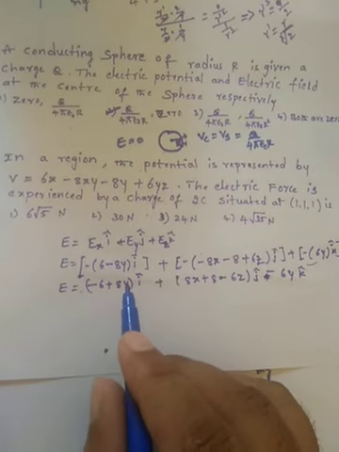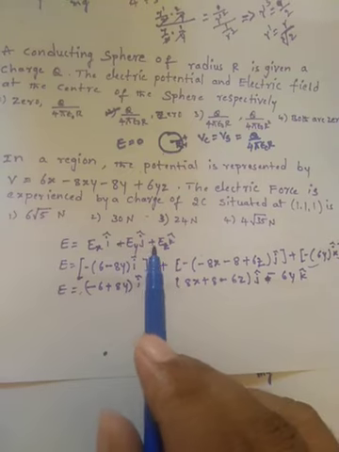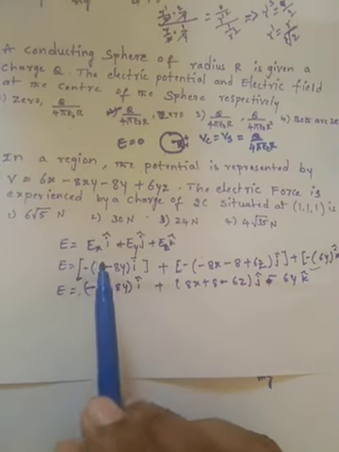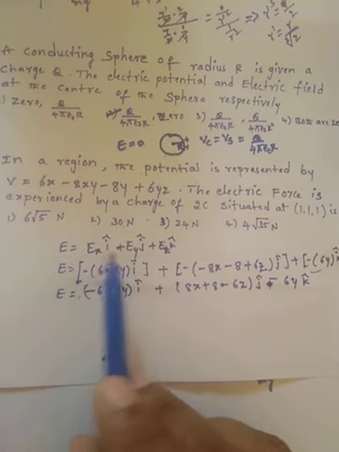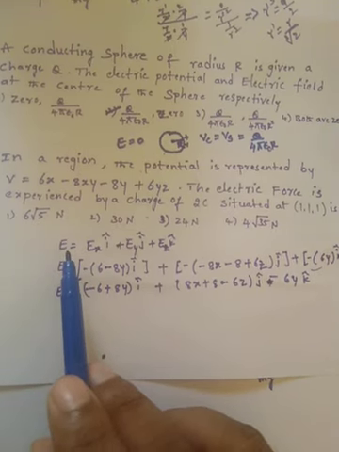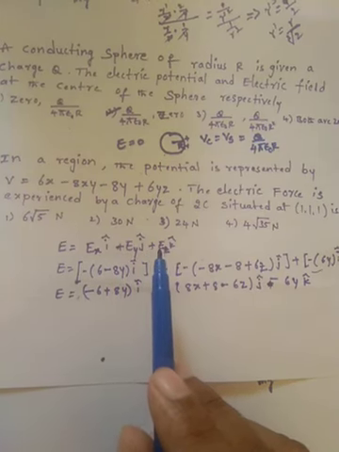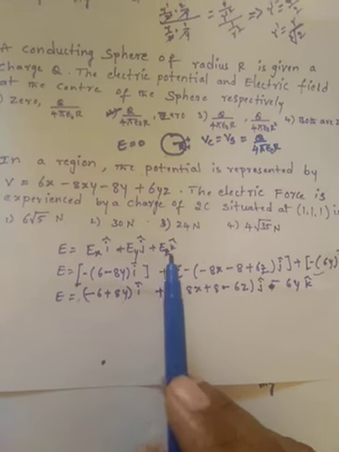So we know how to find the electric field if they have given the electric potential. Already we have done this kind of question. E is equal to Ex i cap plus Ey j cap plus Ez k cap.